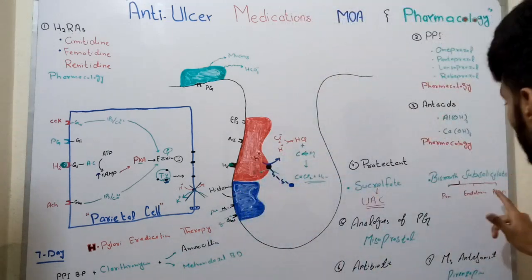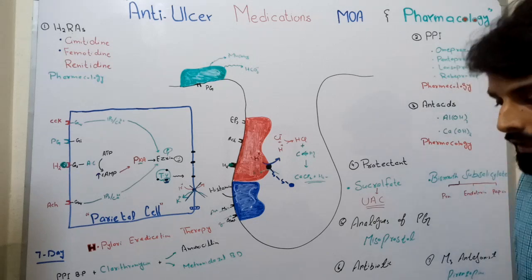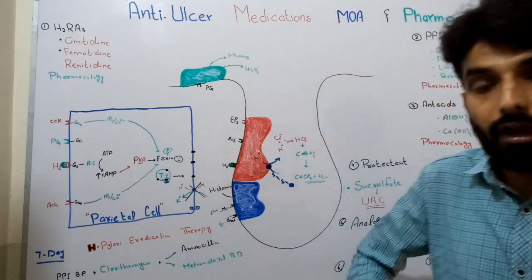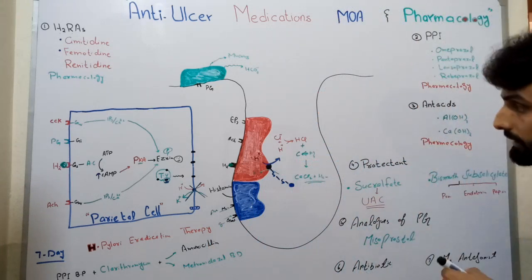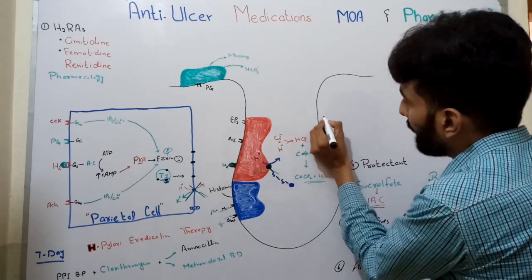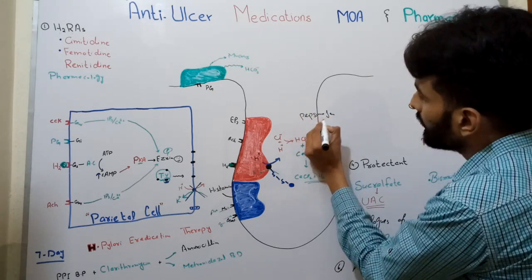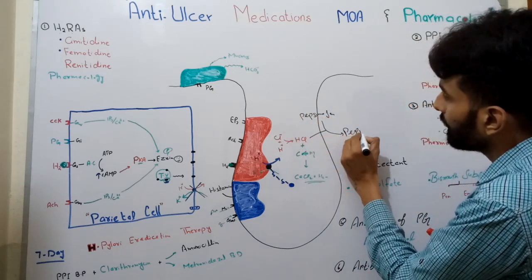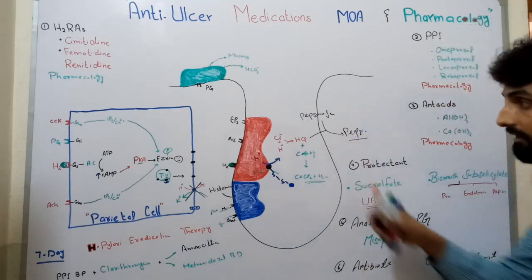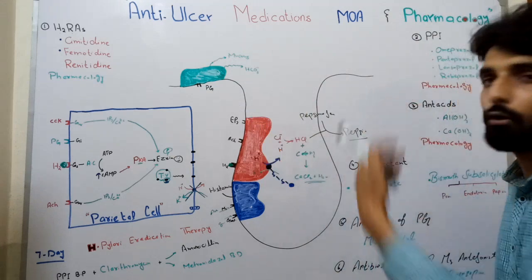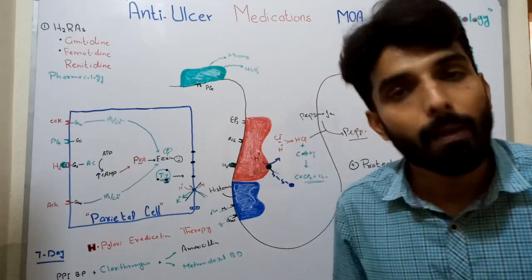That protein will be digested with the help of enzyme pepsin. But in some conditions, when the pepsin concentration increases, you know that with the help of HCl, pepsinogen will be converted into pepsin. If the HCl concentration has increased, more and more pepsinogen will be converted into pepsin.